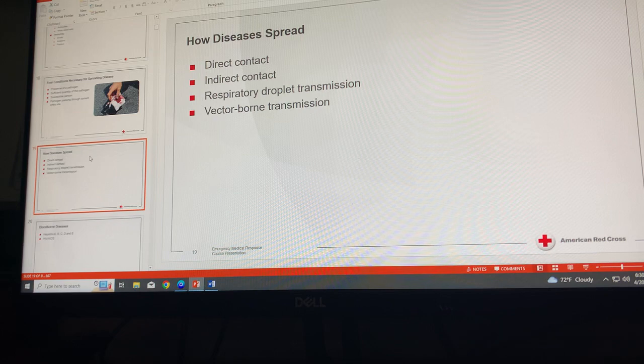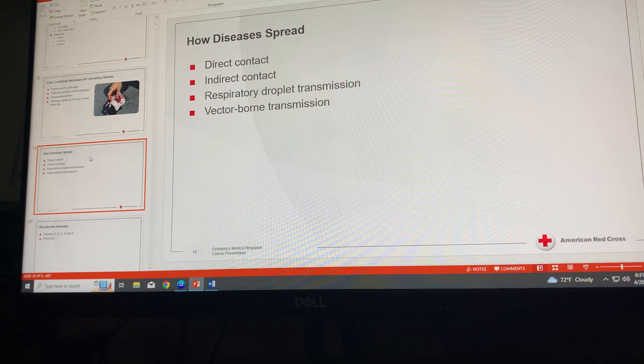Okay, now let's talk about direct contact. How are pathogens spread through direct contact? Direct contact transmission occurs when infected blood or OPIM from one person enters another person's body at a correct entry site.